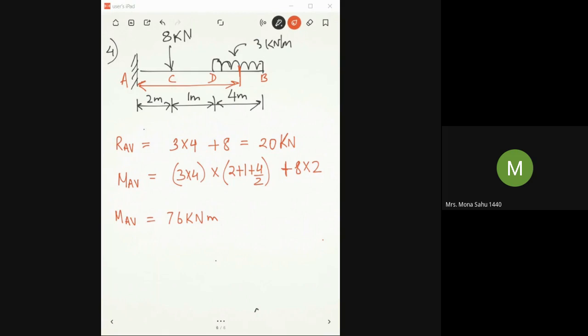Please keep your calculators with you when you come for your exam. So any doubts? Okay. Thank you.